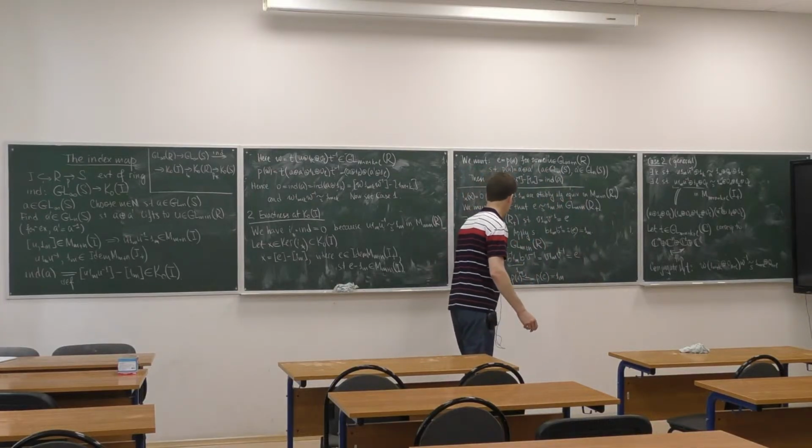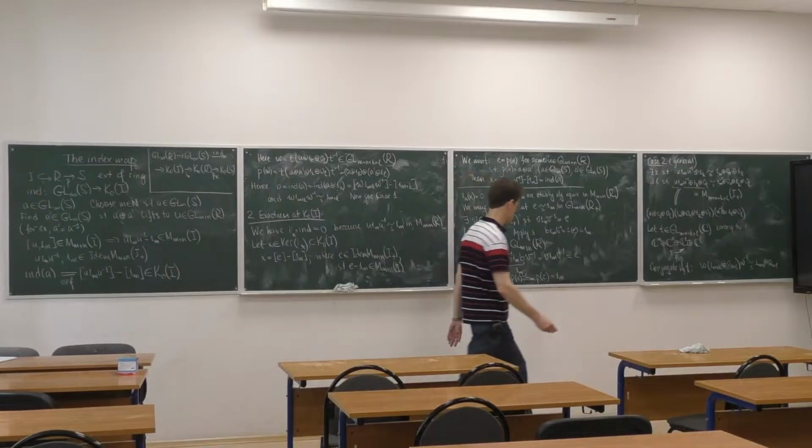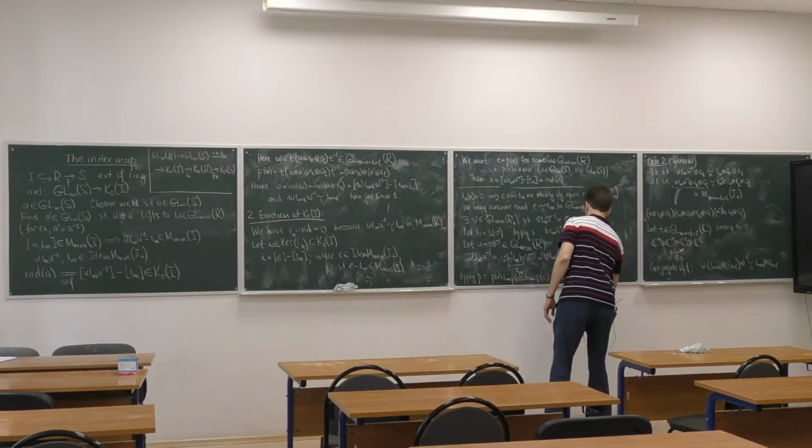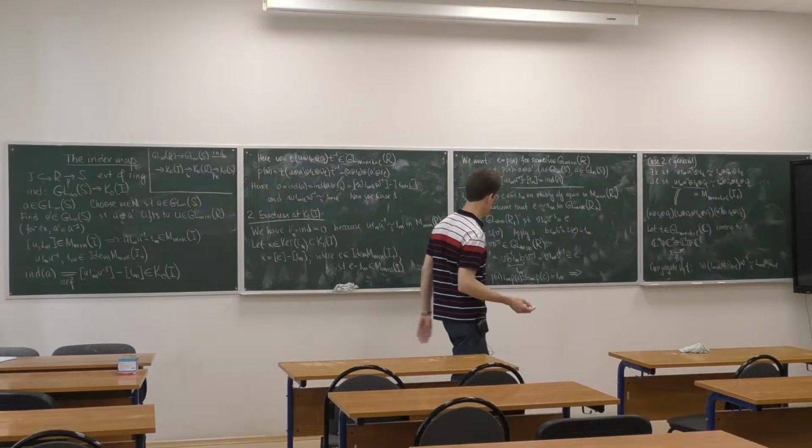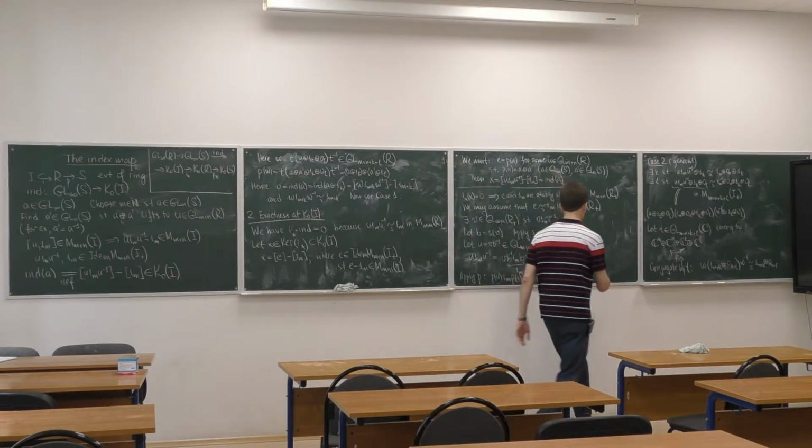Good. So this shows that P of U commutes with the identity matrix of size m by m. And so P of U is itself block diagonal.